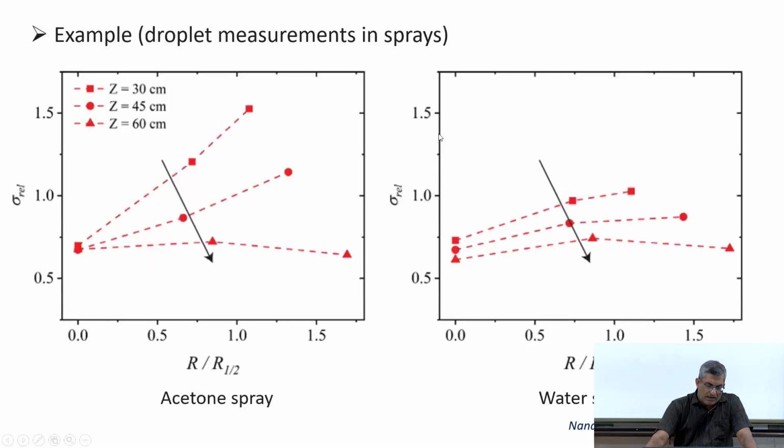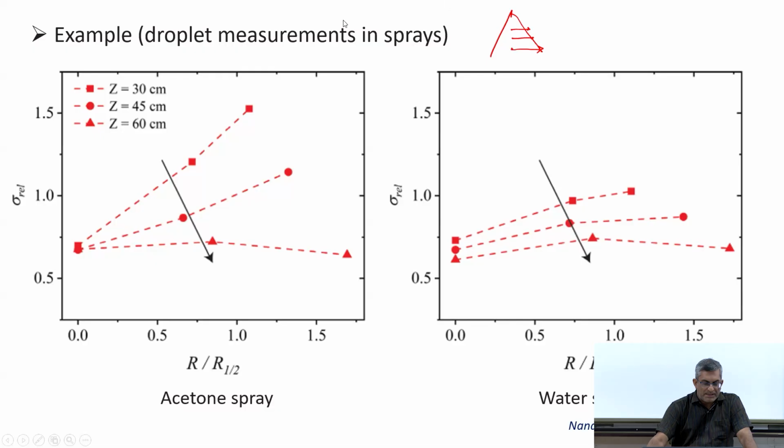So here are some examples where droplet measurements are taken in a spray. Here you can see how the degree of clustering evolves in the radial direction. You have a spray, and measurements are taken in the radial direction, but at different axial locations.